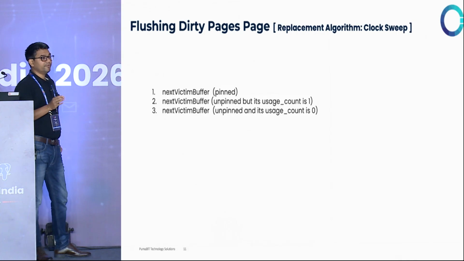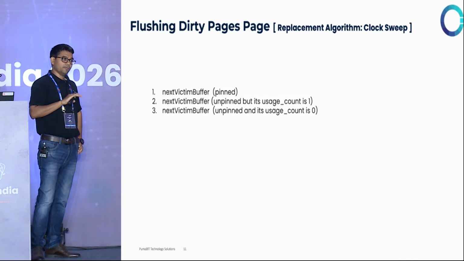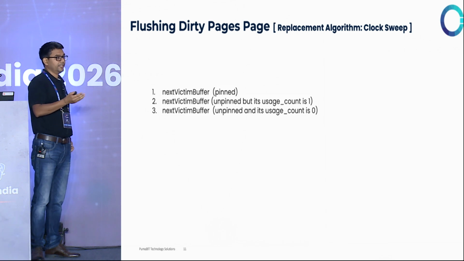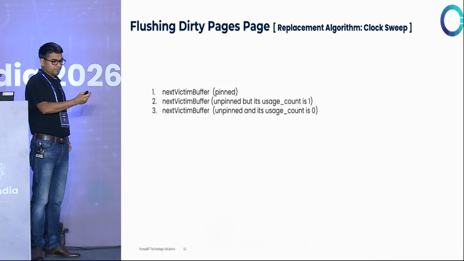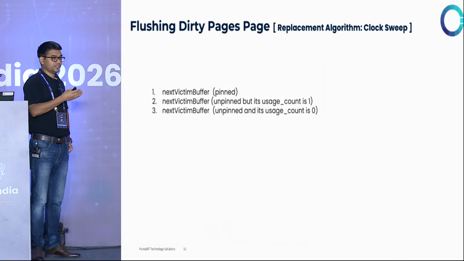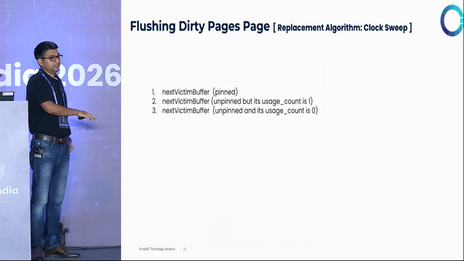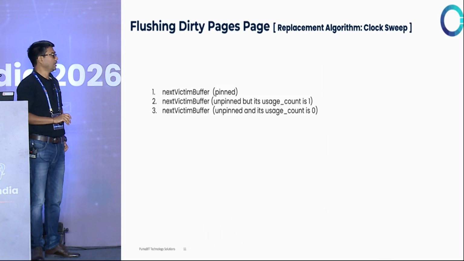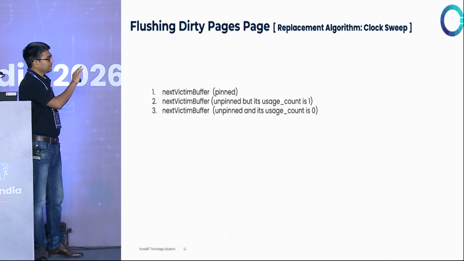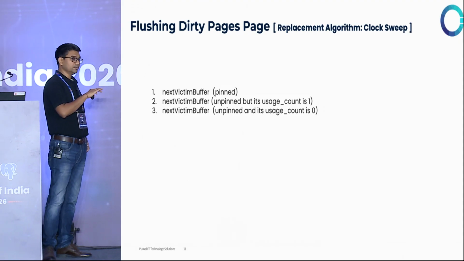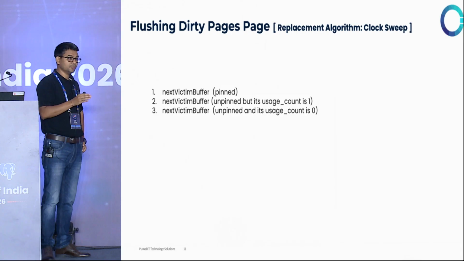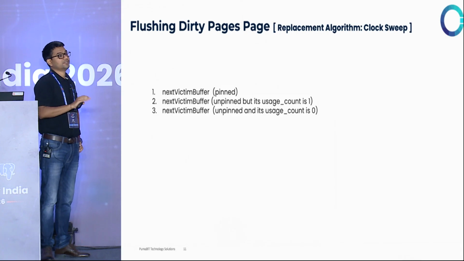And then an unpinned buffer is a page or slot in the memory that is not currently used by the backend processes. Okay, so let's say there are 2 backend processes which use this slot. So I'll keep it for now. And let's say the third is an unpinned one, that means it is not in use, plus the usage count is 0.